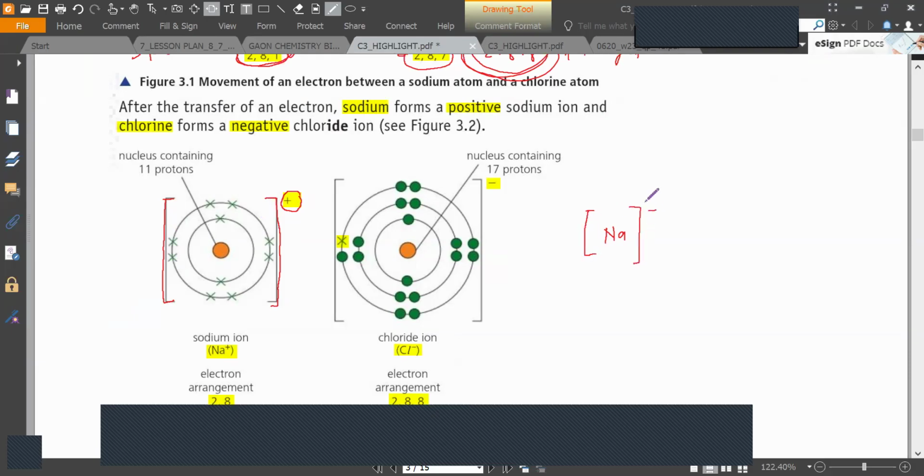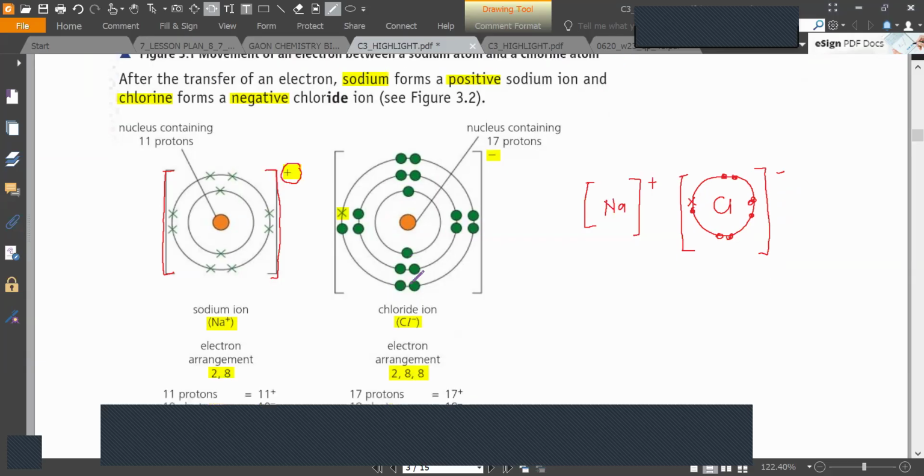And for the chlorine, it will be like this: 1, 2, 3, 4, 5, 6, 7. The 8th electron is coming from the sodium. So sometimes in the exam they just ask for the outer shell, and we will just draw the outer shell.